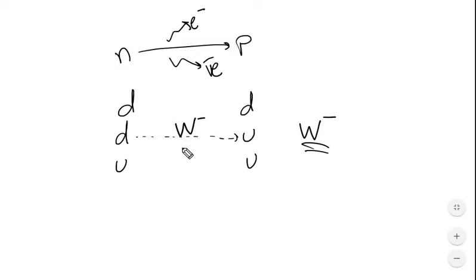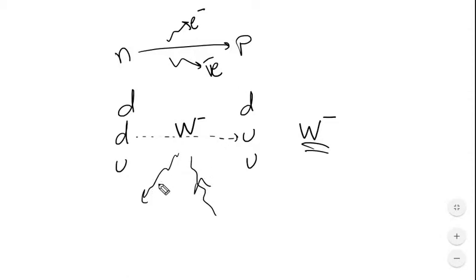And during this process, we're not getting the creation of any new matter. You started with 3 quarks, you have to end with 3 quarks. So that's why in the process we have the release of a lepton and an anti-lepton. Do you get it?